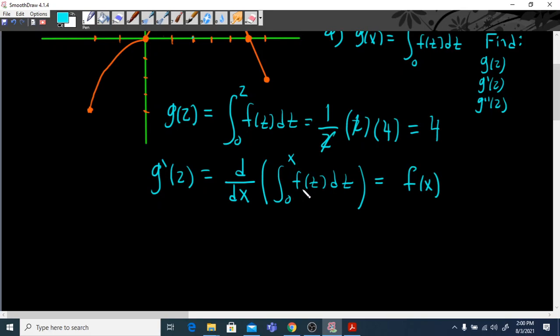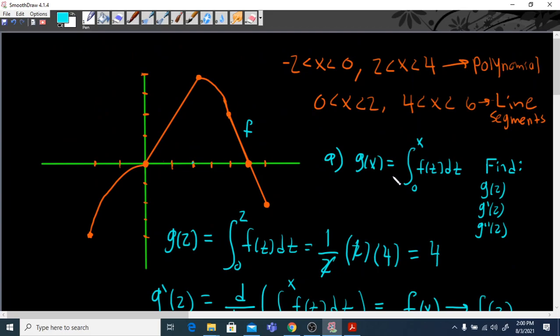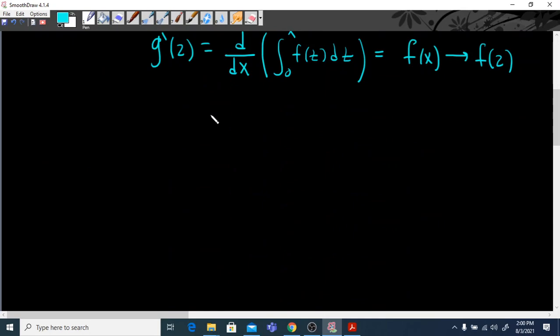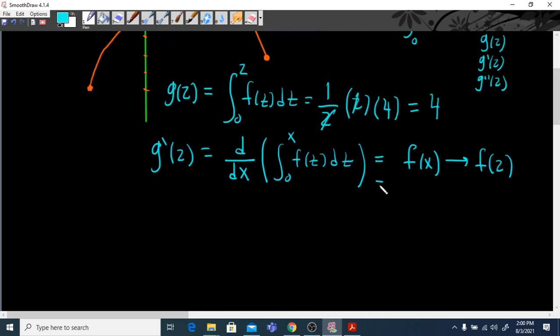And then plug in 0, get f of 0, but the derivative of 0 is 0 as well. So we just get f of x. Okay? And now we're going to swap x with 2. So in other words, g prime at 2 is the same thing as f at 2. And what is f at 2? f at 2 is exactly 4. So g prime at 2 is going to be 4.